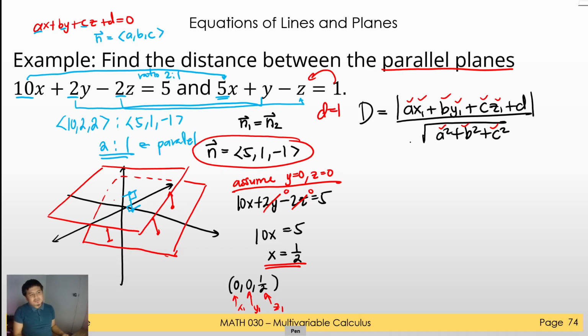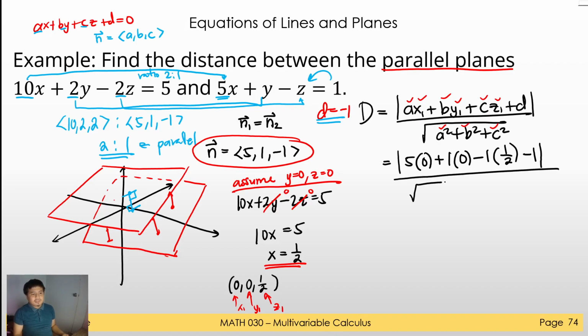So this will be equal to, we have A, so A is equal to 5, x1 is 0, plus B, which is 1, y1 is 0, plus C, which is -1, times C1, which is 1/2, and then plus D. D is -1, so if we transpose it to the other side, minus D, and then absolute value over the square root of A squared plus B squared plus C squared.